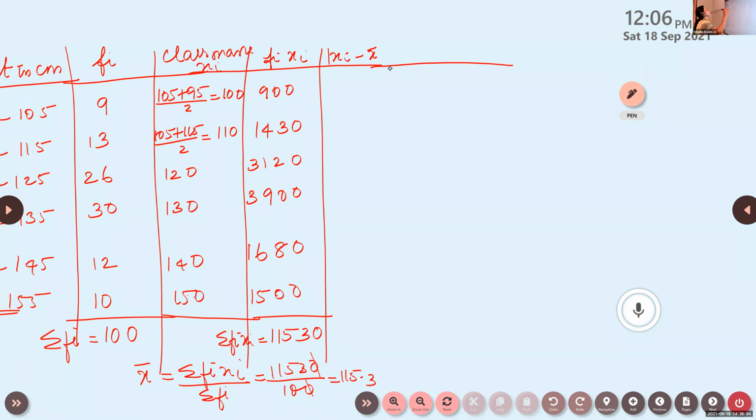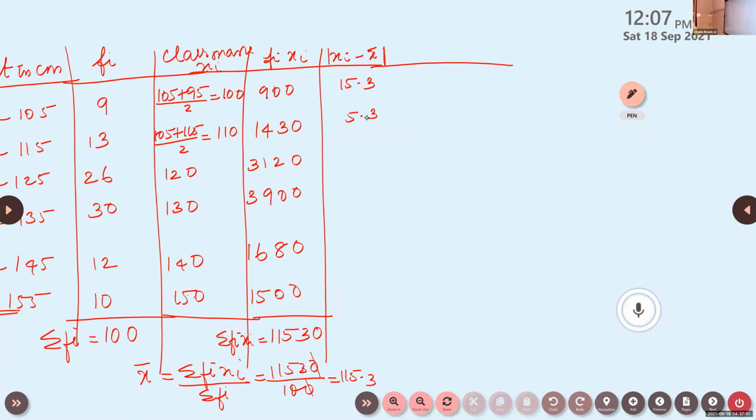Mean x bar is 115.3. So what is 100 minus 115.3? Subtract it and write the answer. Is it 15.3? Am I correct? Check it, children.